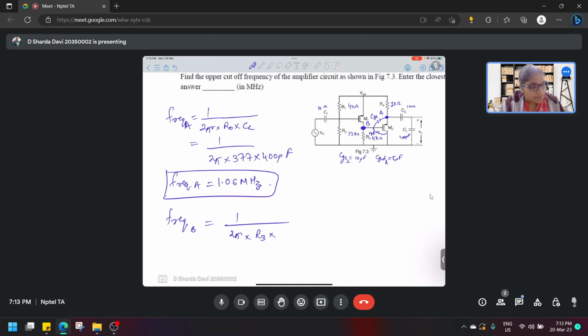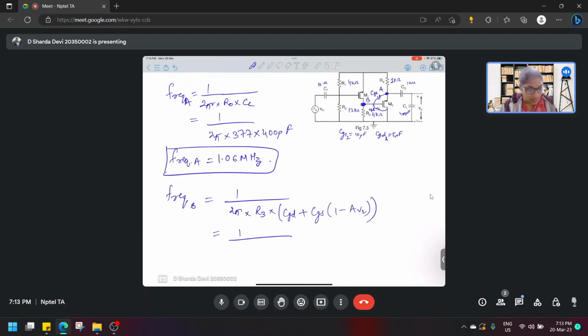CGS is the capacitance that comes as Miller capacitance, and CGD will come in parallel to it. So the effective capacitance will be simply added: CGD plus CGS into 1 minus AV2, the gain of the second stage.